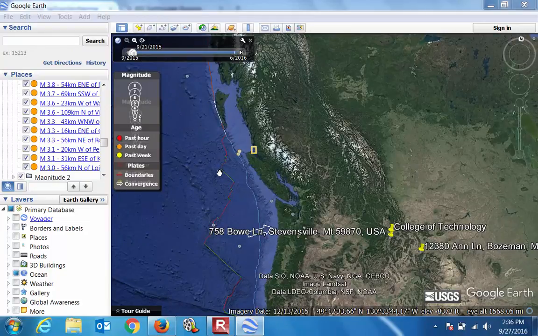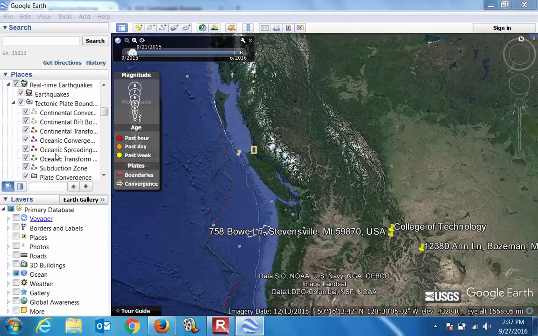The plate boundaries are a lot of times hybrid. So we've got one big subduction, but then a little further out we've got it mixed together with the oceanic transform and a subduction zone. So it all comes together up here off of British Columbia.